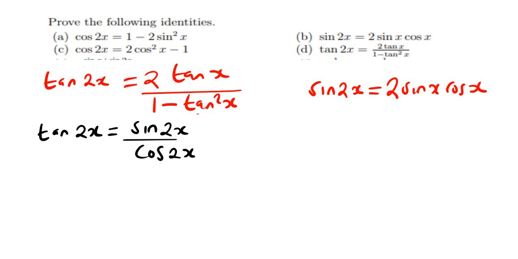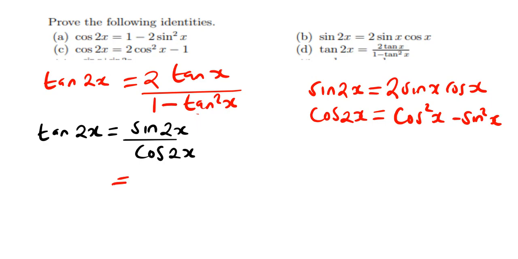Then cos 2x. We said we will get the parent identity, always at least get the first one before the other two, the one that we just proved. The first one, the parent one, is cos squared x minus sine squared x. So we're just going to replace with what we have here.